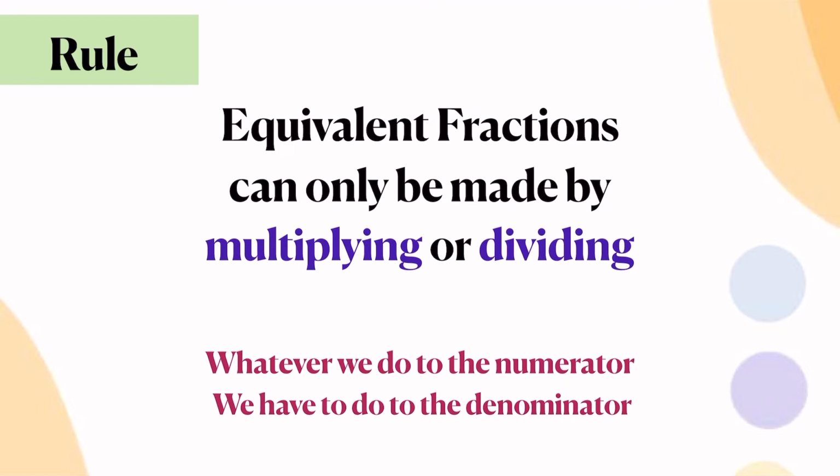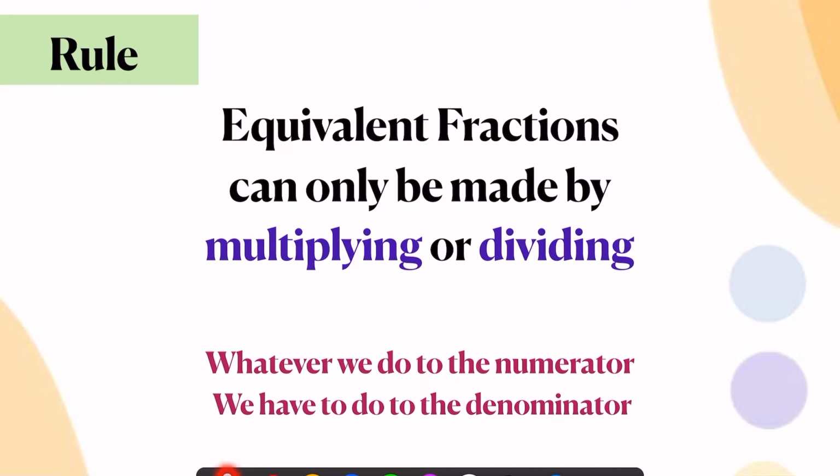Now, let's see, we have a rule for equivalent fractions. I want you to read this together with me, okay? Equivalent fractions can only be made by multiplying or dividing. Whatever we do to the numerator, we have to do to the denominator.